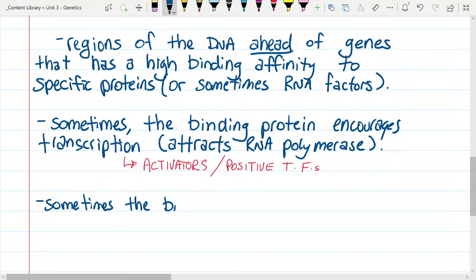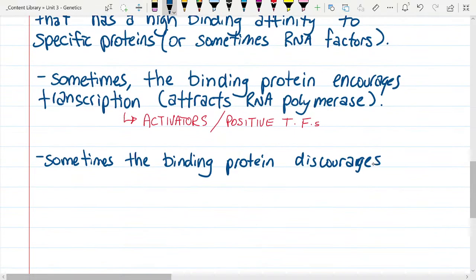So sometimes the binding protein discourages transcription, i.e., it repels RNA polymerase. And again, obviously, discourage and encourage are very anthropomorphized terms.